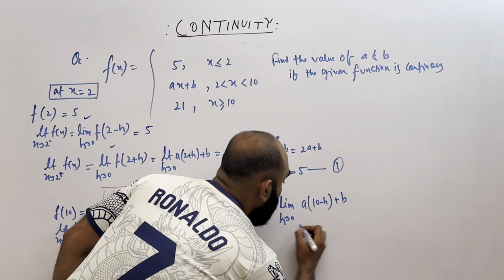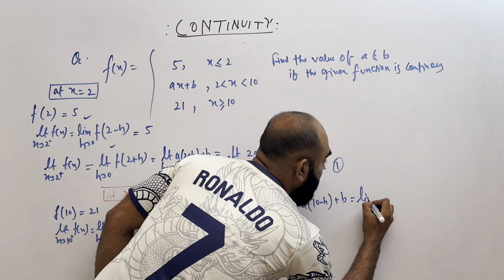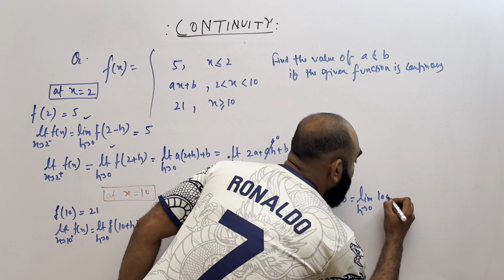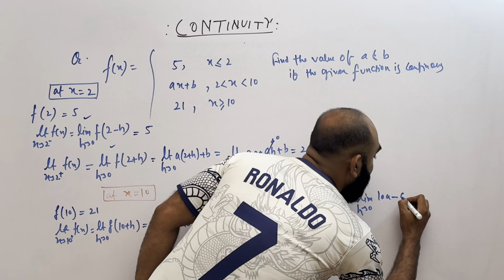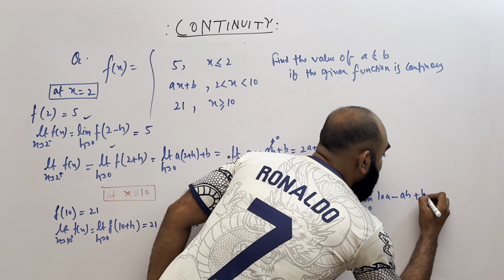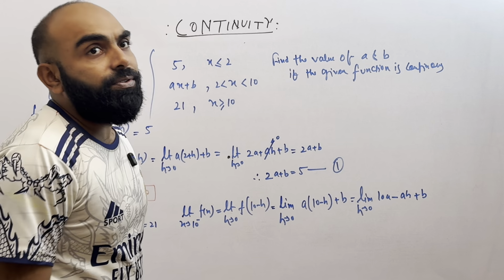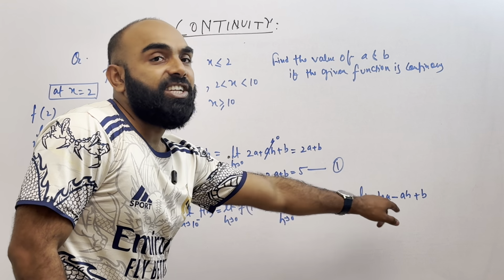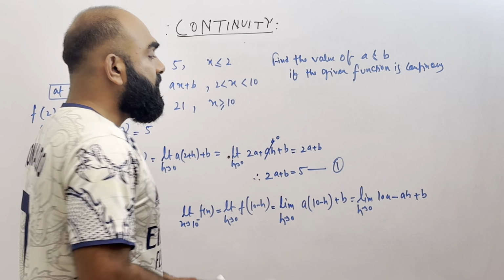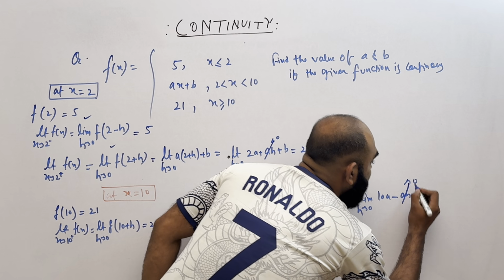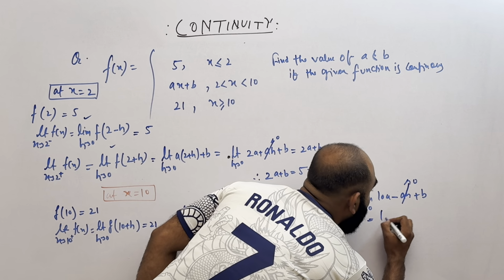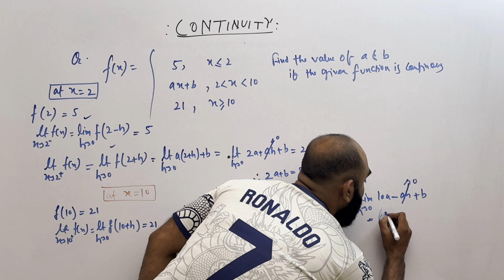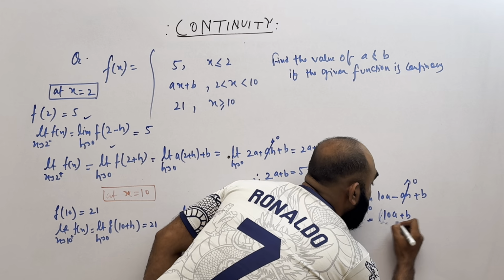If you open this one, limit h tends to 0, a into 10, 10a, minus a into h, plus b. Now again the same thing, there is no term of h in the denominator, so I can keep h as whatever here h is tending to. Here h is tending to 0, so keep the value of h as 0. So this a's term becomes 0. So I will get 10a plus b.